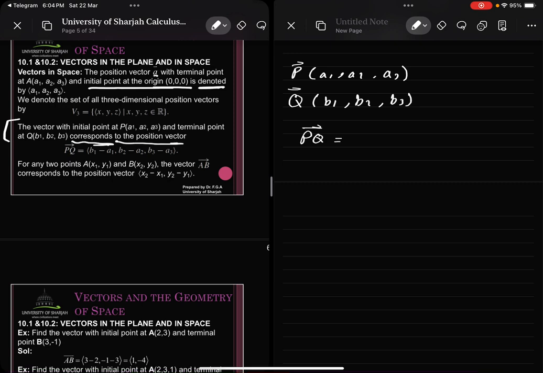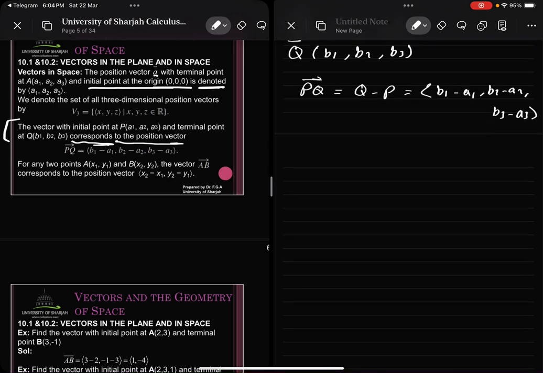It is Q minus P, which is B1 minus A1, B2 minus A2, and B3 minus A3.